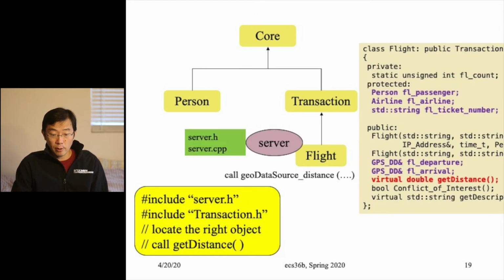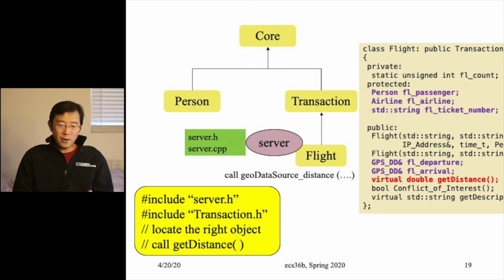Now we can actually already implement the server. So remember, we use the spec.json, or in homework assignment number 3 it is actually ECF36B homework 3.json, that we can use to produce the server.h and server.cpp. So now we want to implement this function called getDistance under the class flight.